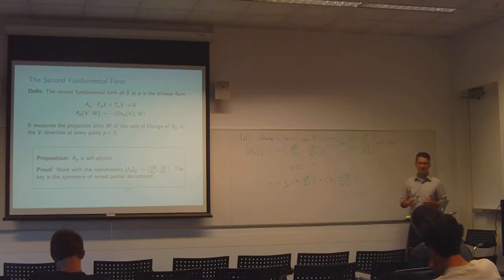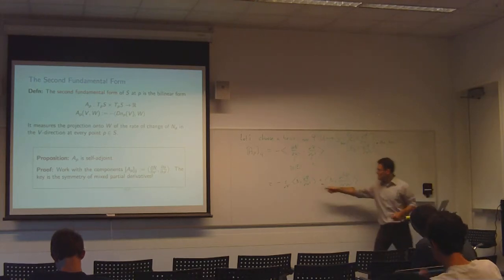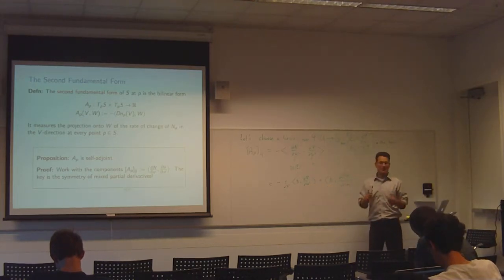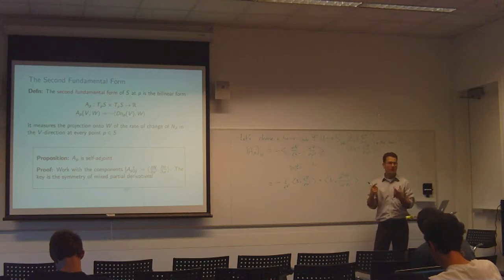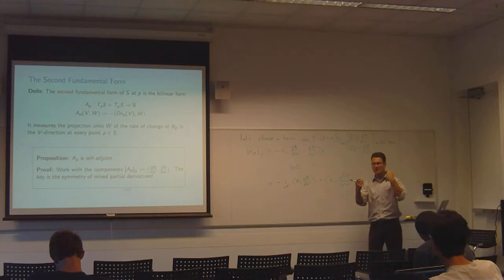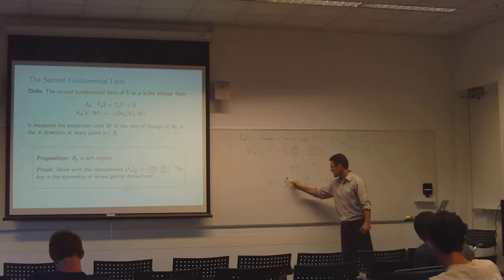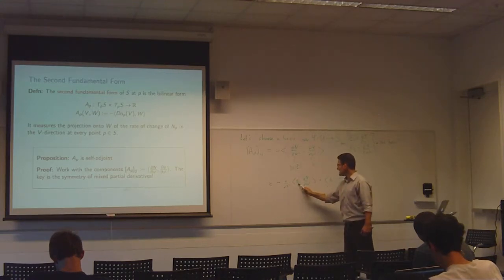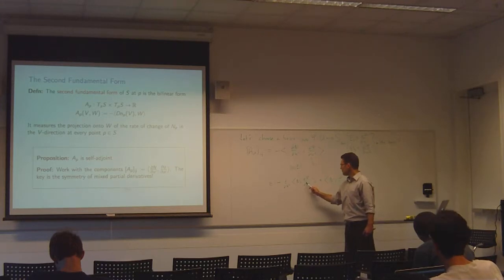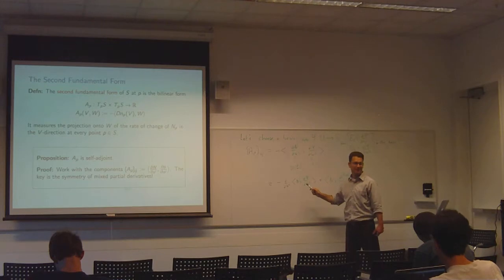That's because it is the product rule. Exactly right. I have an inner product of two things. What's the derivative of a product? It's the derivative of the first times the second plus the derivative of the second times the first. So let's take this and move it in here. I get dN/du, dφ/du, plus N, d²φ/du².